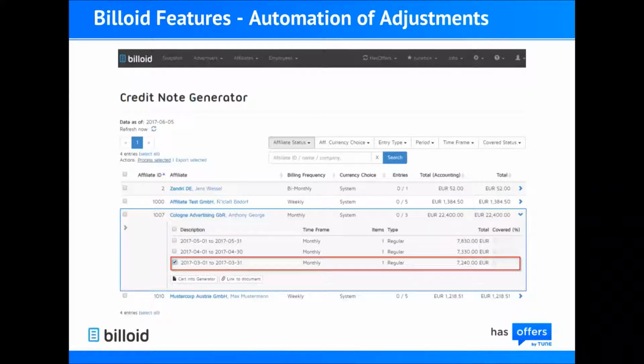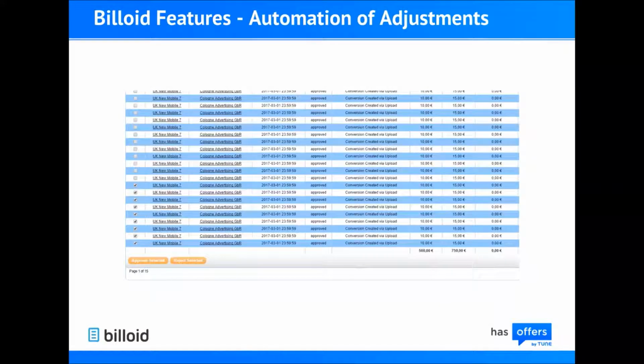And after we have done this by using the process selected functionality, we have the credit note, and we pay the publisher according to the terms we have negotiated with him and set up in his account. But on the next day, the account manager supporting the business side goes to the HasOffers conversion report and rejects 9 conversions that are valued at €10 each.